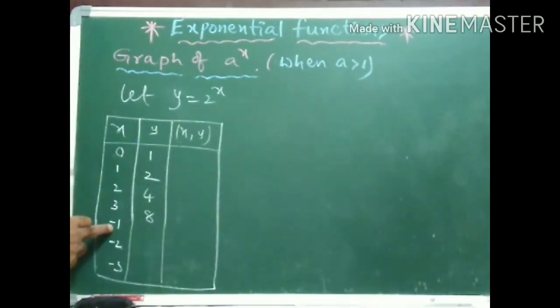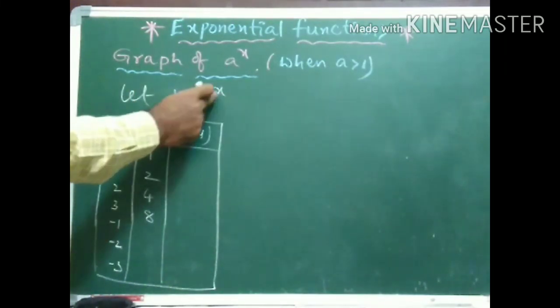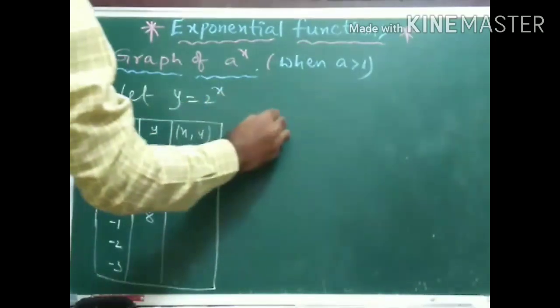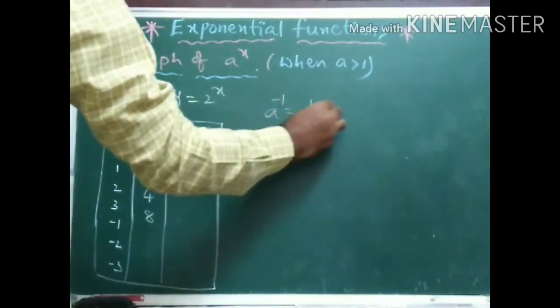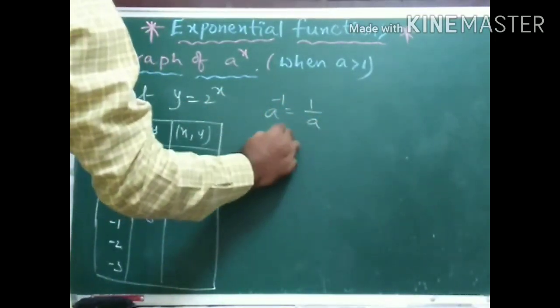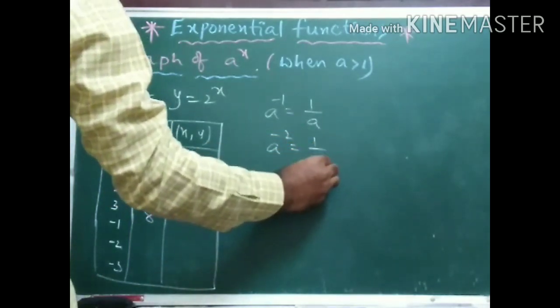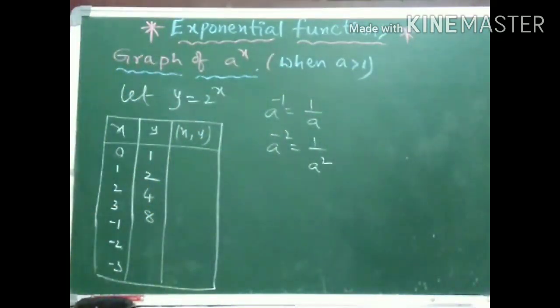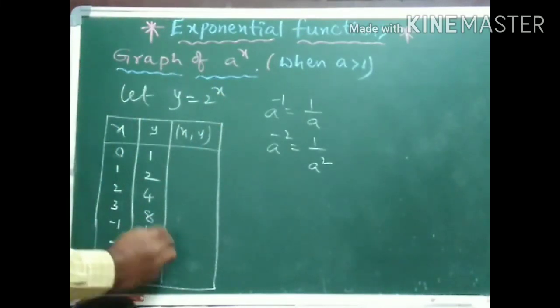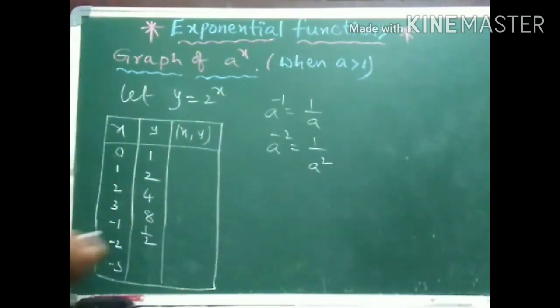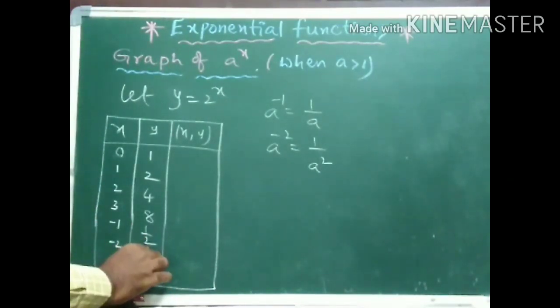Now when x is equal to minus 1, 2 to the power of minus 1. Do you know a to the power of minus 1 we can write as 1 by a, and a to the power of minus 2 as 1 by a square. So 2 to the power of minus 1 is 1 by 2. And 2 to the power of minus 2 is 1 by 2 square, which is 1 by 4. And this is nothing but 1 by 8.